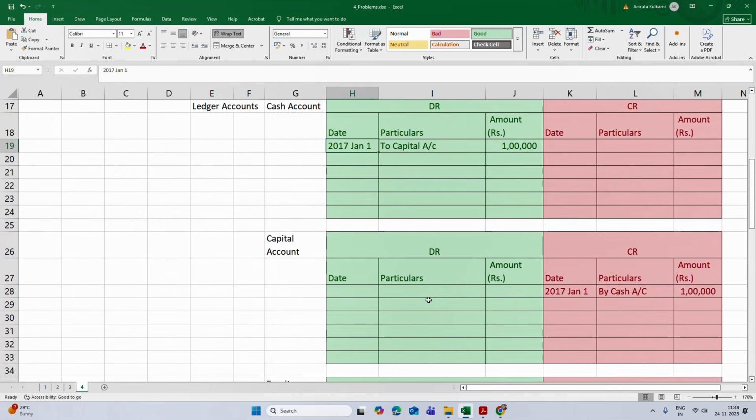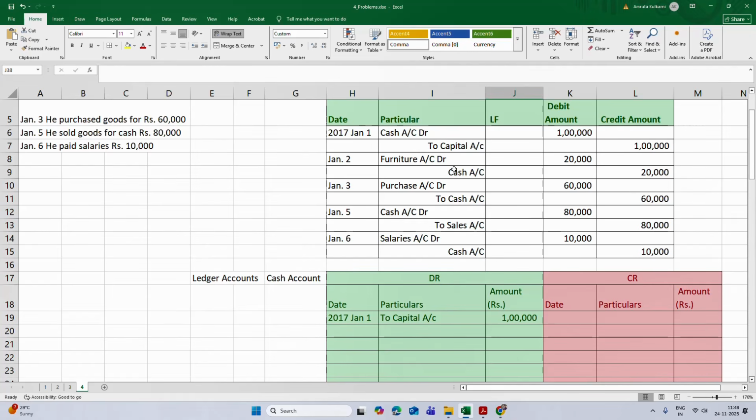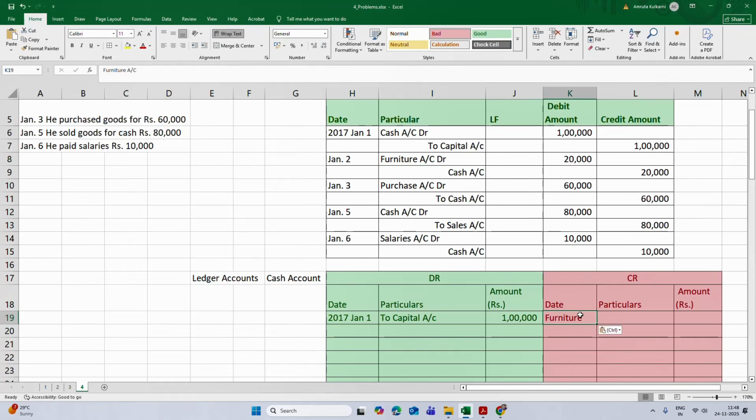So by cash account. And how much is the amount? That is 20,000. At the same time, this cash is to be credited for furniture account by rupees 20,000.